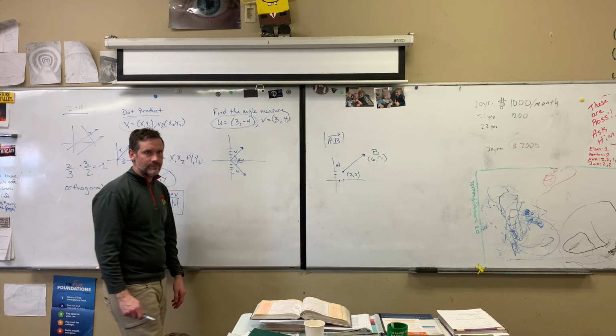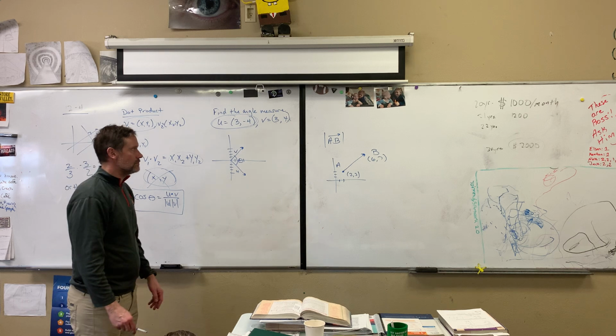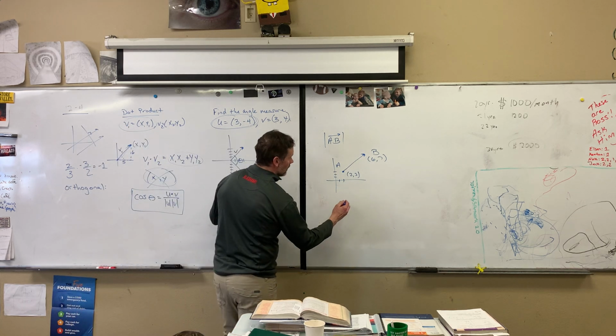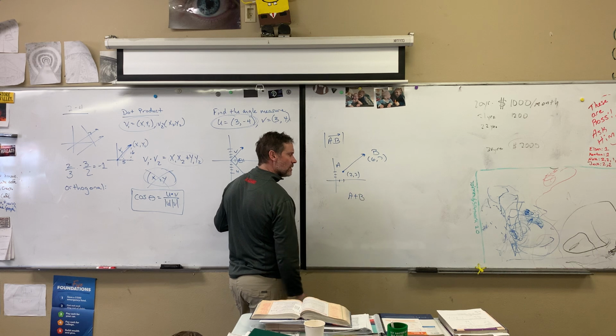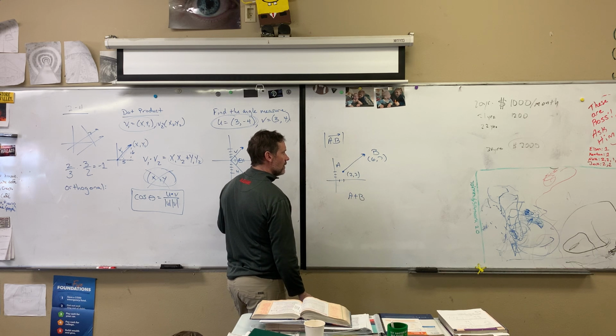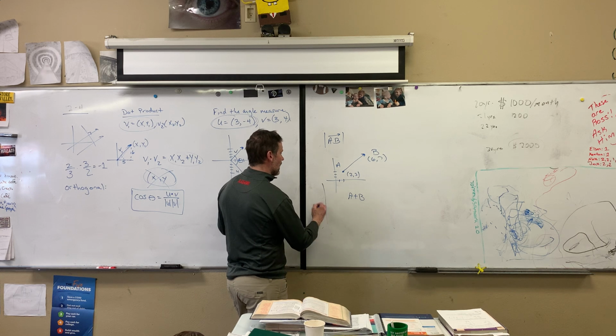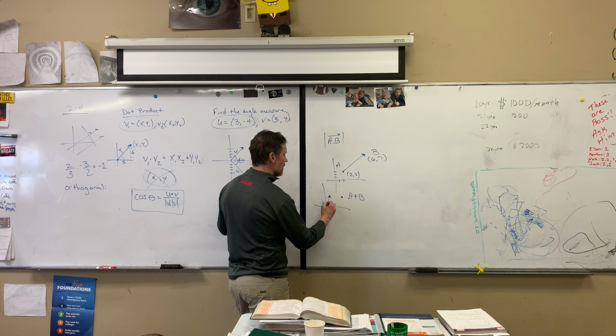Then there's the magnitude of A plus B. That would probably be when you have vector A and then vector B, and you're doing the A plus B type thing.